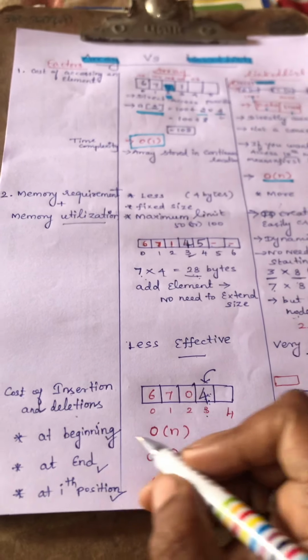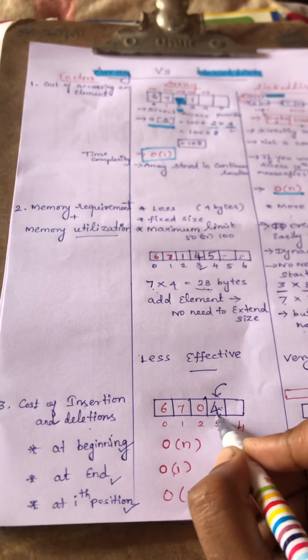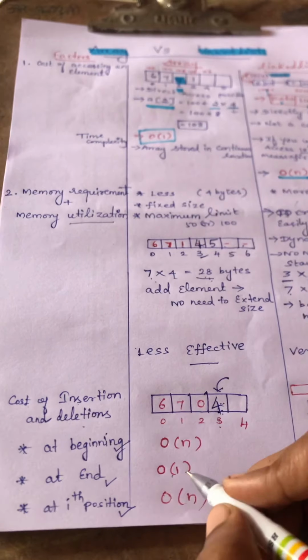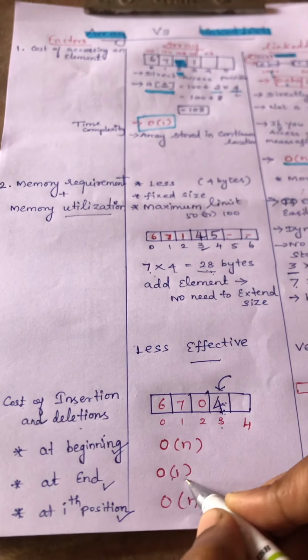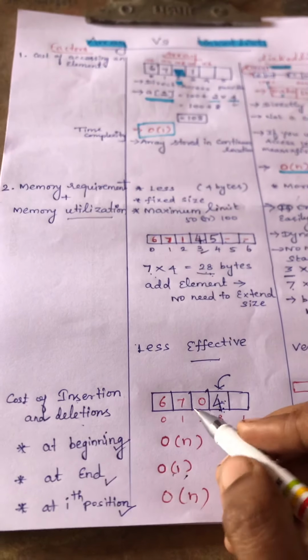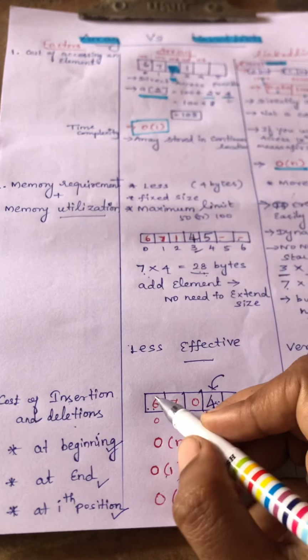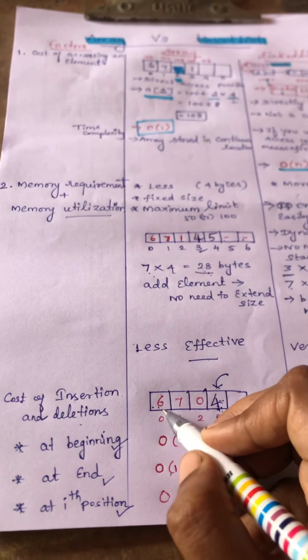So if I want to add an element at the end, there is no movement, no process, I can directly add the element. So the time complexity is order of 1. In case I want to add at the first position, the first position is already occupied.